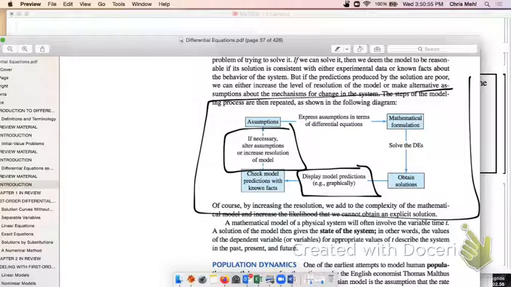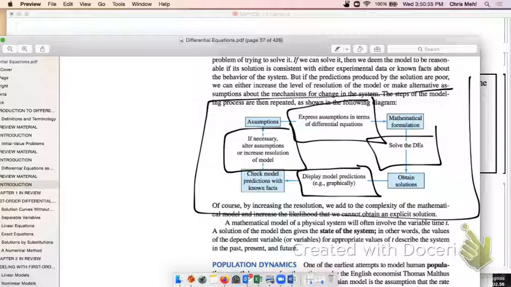Then you express those assumptions in terms of a differential equation, solve the DE to obtain a solution, and continue this process. Display model predictions, and as new facts come in, compare your model to known facts, alter the assumptions, and again express assumptions in terms of differential equations.